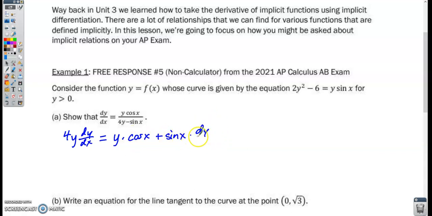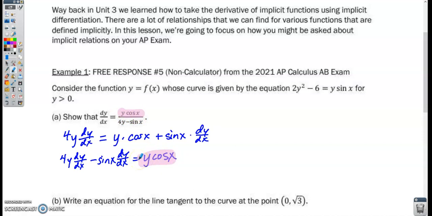plus sine of x times the derivative of y, which is dy/dx. I now want to group all of my dy/dx terms together on one side of the equation. So I'm going to go ahead and subtract sine of x dy/dx from both sides. And I'm going to leave the y cosine of x exactly as it is because I see in my verification that I do indeed want that.